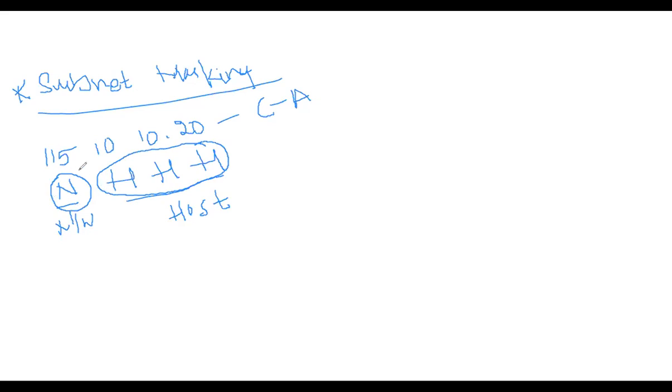So the network part is 8 bits, 4 plus 4, 8. Dot. The remaining will be 0.